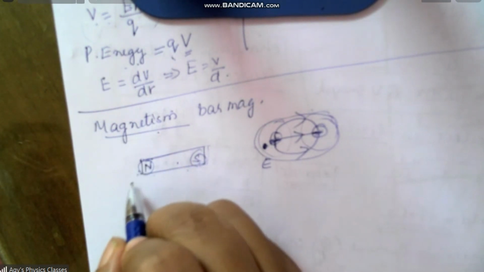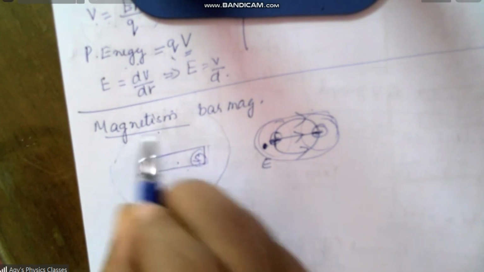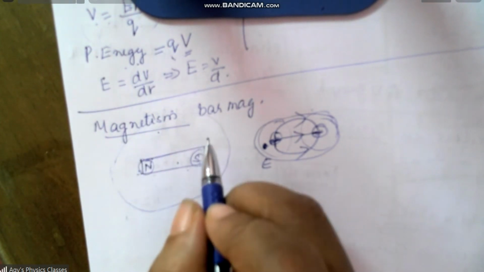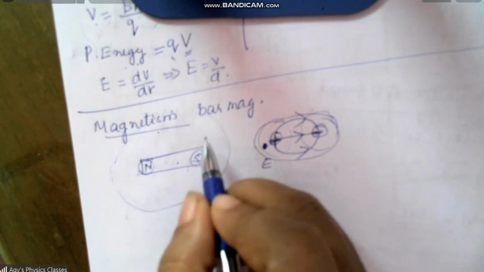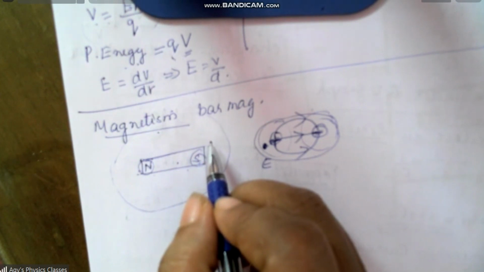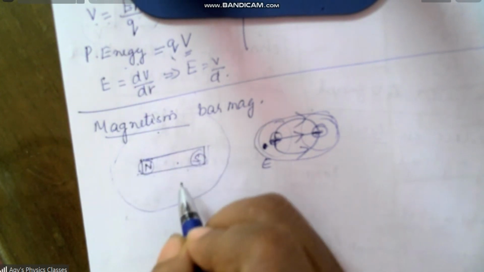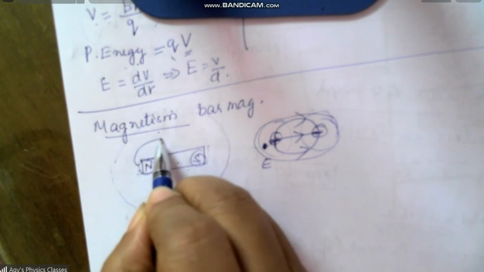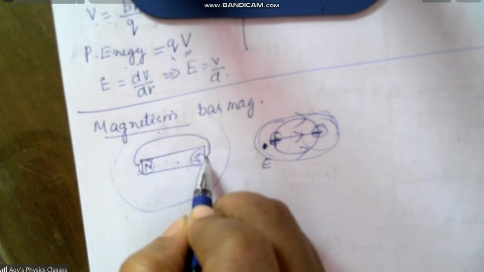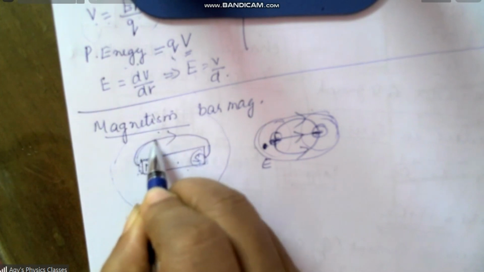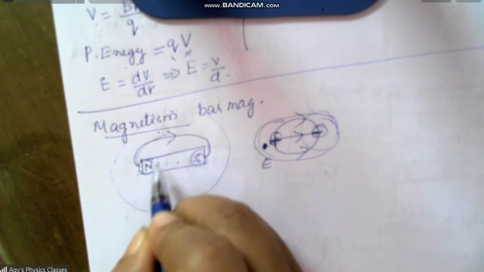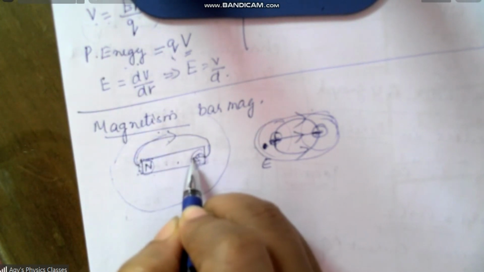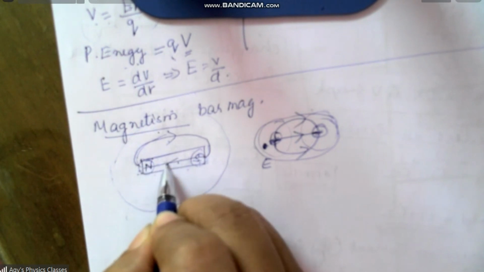There is a magnetic field around every bar magnet, permanent magnet or any magnet. The pattern of the magnetic field lines is from north to south outside the magnet, but south to north inside the magnet.